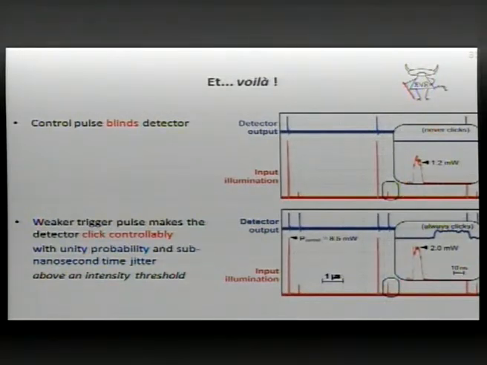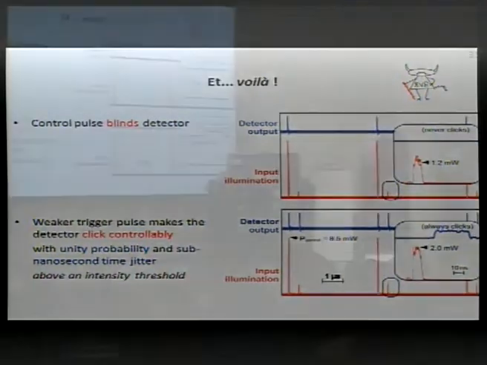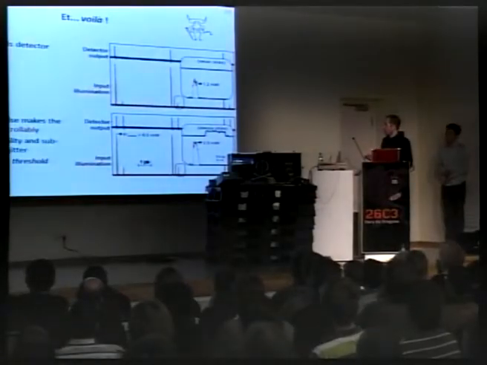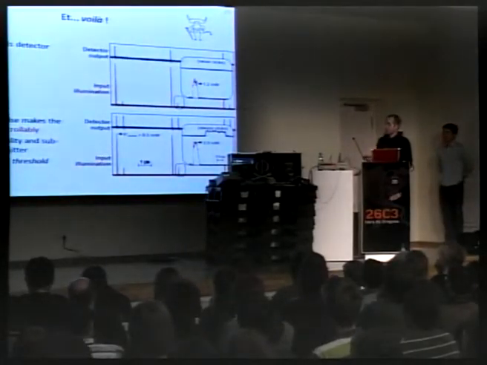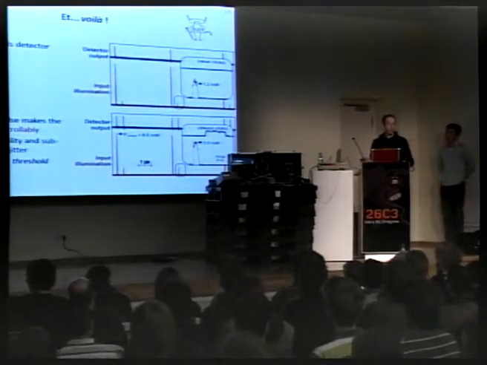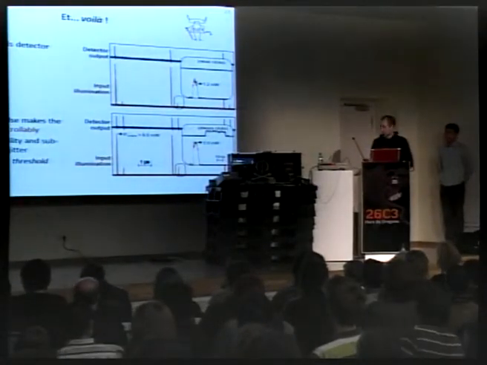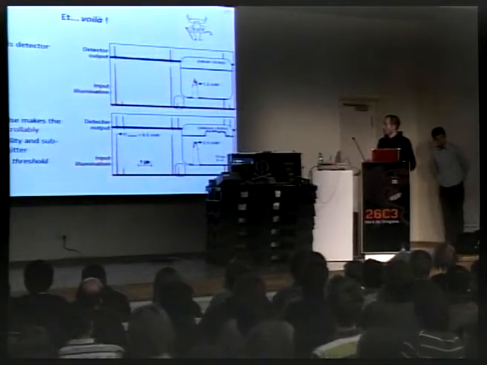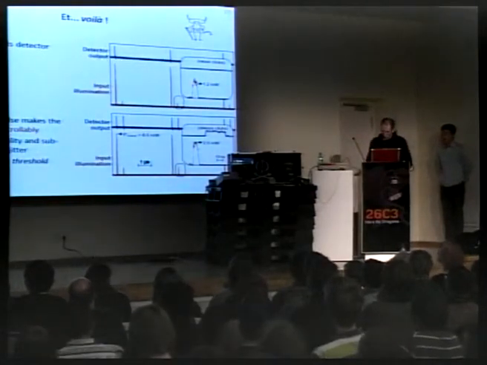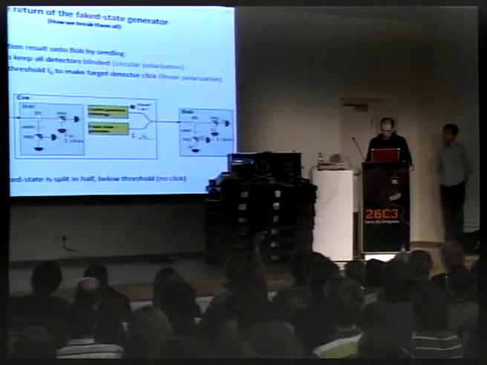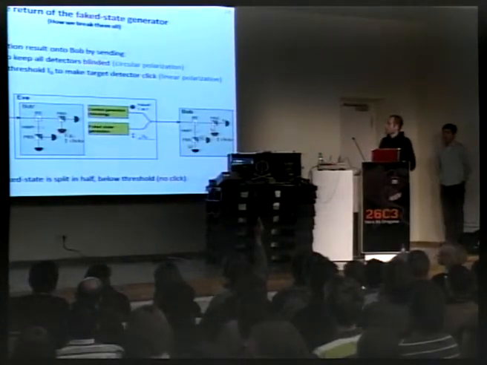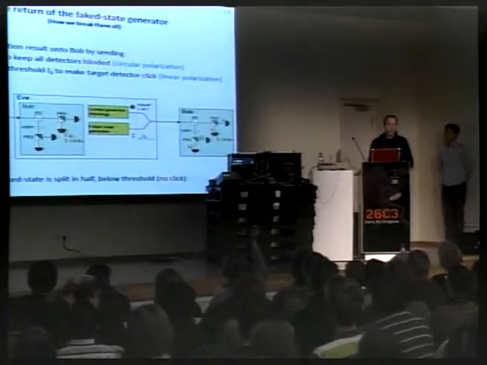Now, if here you apply a pulse of sufficient intensity, then you get the detector to click controllably, with unity probability and very low sub-nanosecond time jitter. So you get the detector under complete control again. And then we return to the fake state generator.